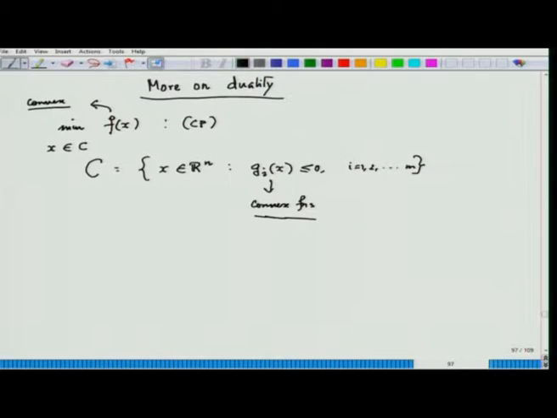And you see, now suppose Slater holds, that is, there exists x hat such that g_i(x hat) is strictly less than 0 for every i.